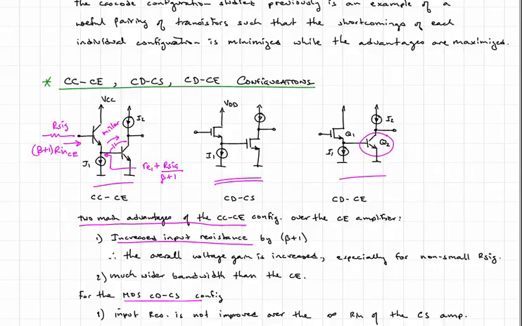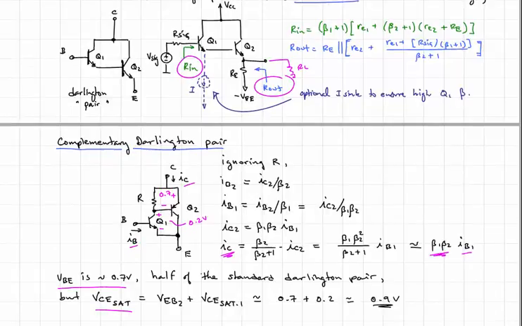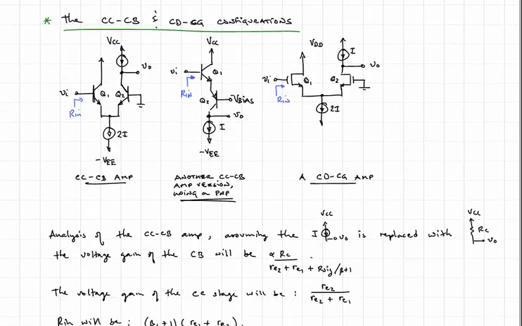Now we're going to look at a common collector, common base. So we're keeping the same front end stage and replacing the output stage from a common emitter to a common base. And this will become very relevant for the next chapter, where we will look in detail at a particular pairing that we call a differential pair, a differential transistor pair.